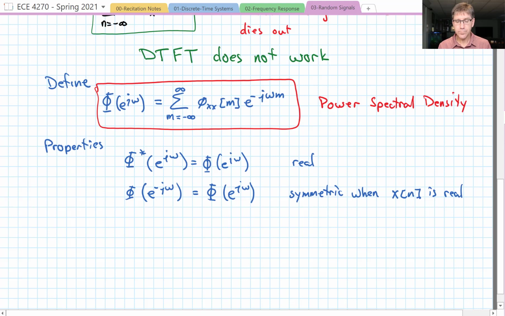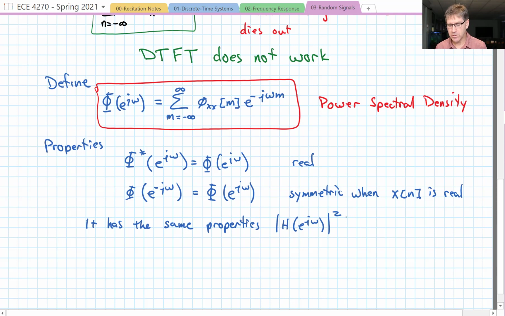So finally, we will see next that it has the same properties as if we had, say for example, taken the DTFT of some signal h, maybe our impulse response, and squared it. So that's why we call it the power spectral density.